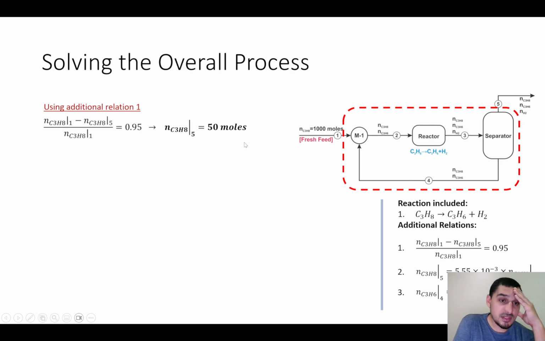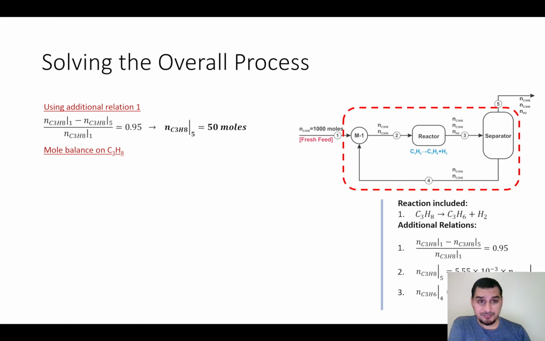Now given this information, we can start writing the balance equations for propane, propylene, and hydrogen. For propane, it's going to be propane out, which is 50, equals the propane in, which is 1000, plus the extent of reaction multiplied by the coefficient. The coefficient is, according to the reaction, -1, so xi is 950.